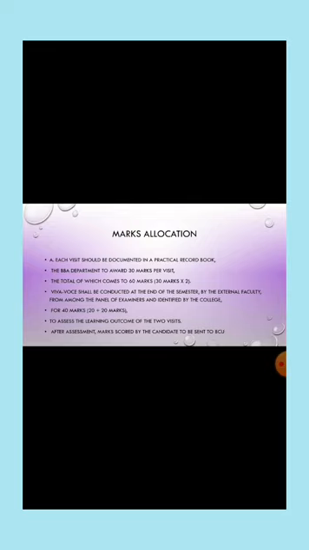It is also followed by an oral examination or viva, which shall be conducted at the end of the semester by the external faculty from among the panel of examiners identified by the college. The marks allocation is 20 plus 20 to assess the learning outcomes of both the visits. After assessment, marks scored by the candidate have to be sent to the university.